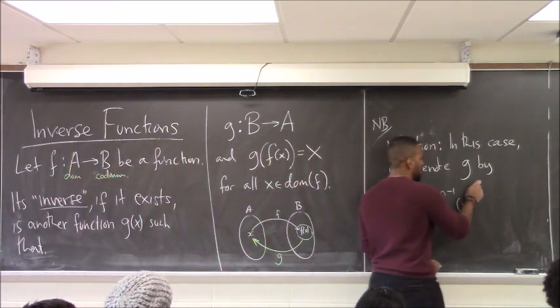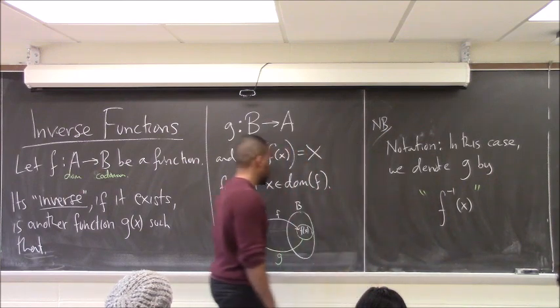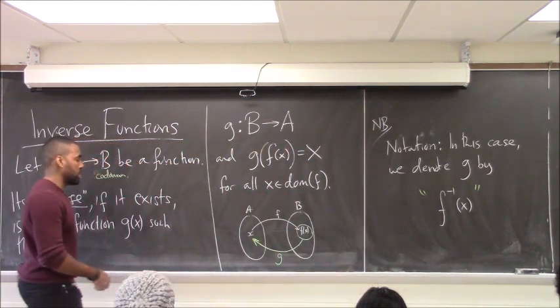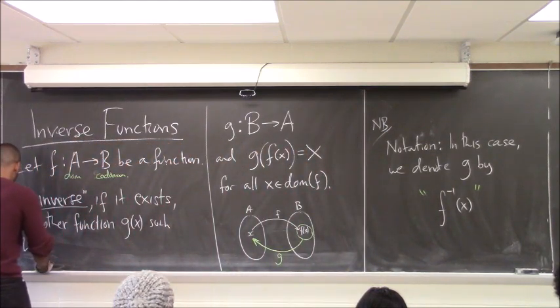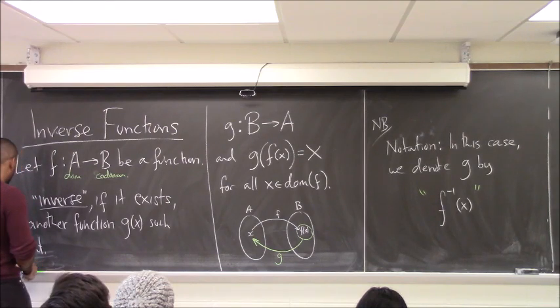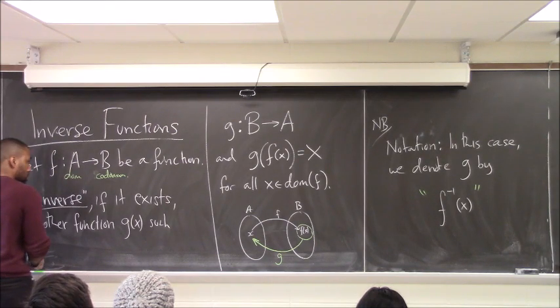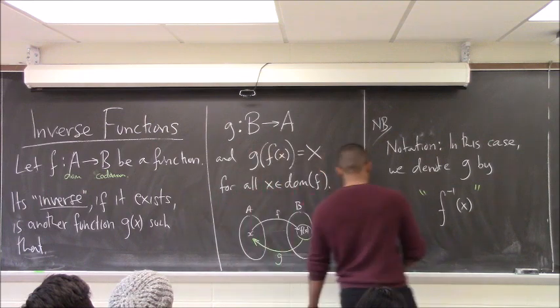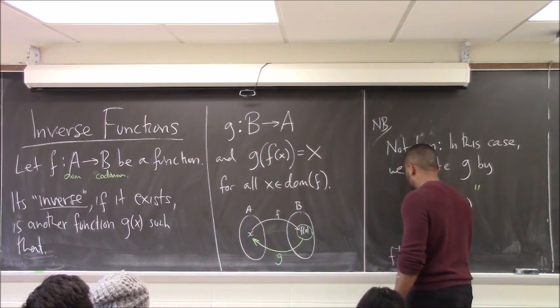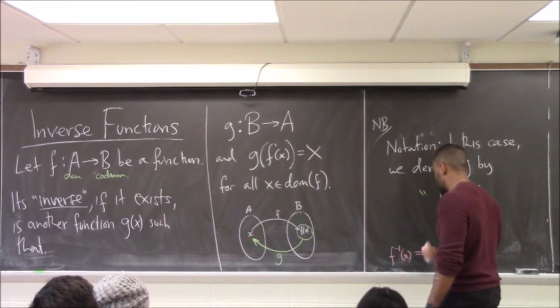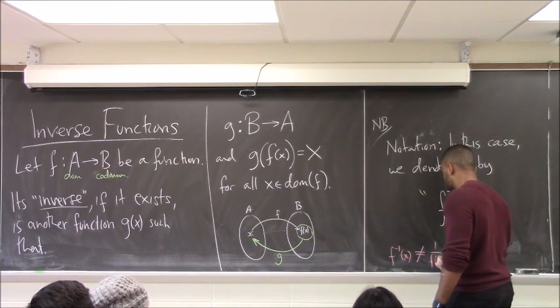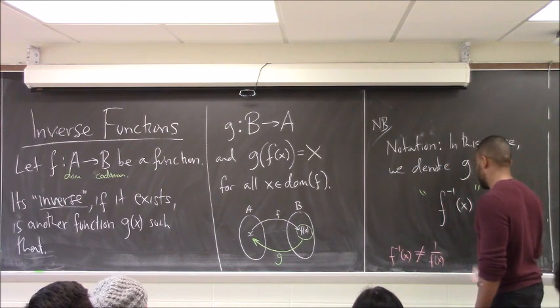There are cases, and I'll talk about this especially when we get to trig functions, where we actually change the notation from the -1 notation, because it can be super annoying. So I want you to notice that if I say f inverse of x, it is not the same as me saying 1 over f. Not the same.